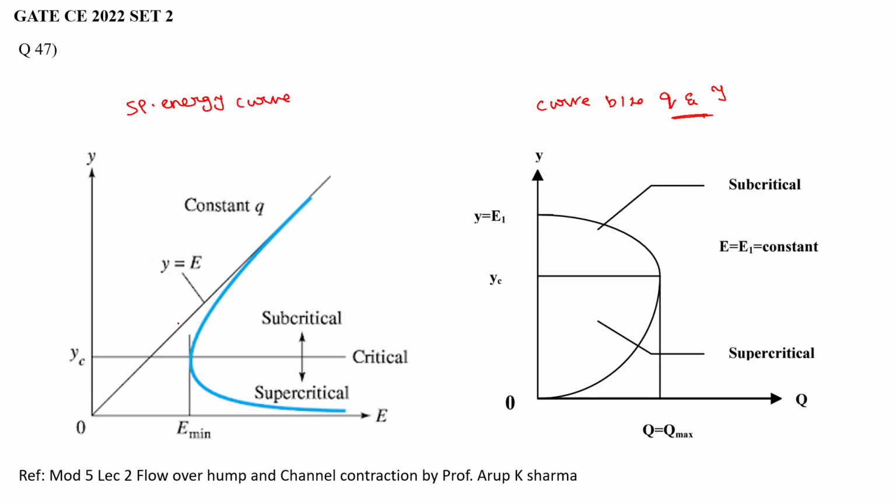As all of you know, this is a specific energy curve, and this is the minimum specific energy required for the flow to take place. This curve has two sections: one is subcritical and the other is supercritical. Let's draw one vertical line like this.